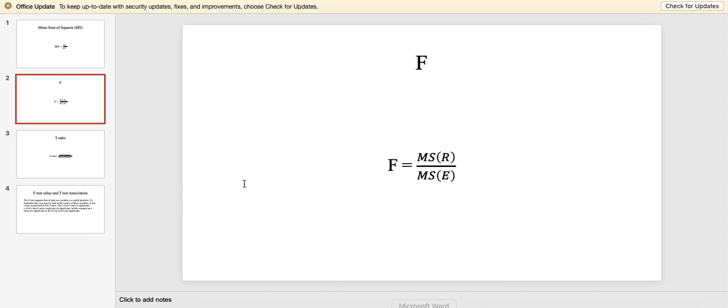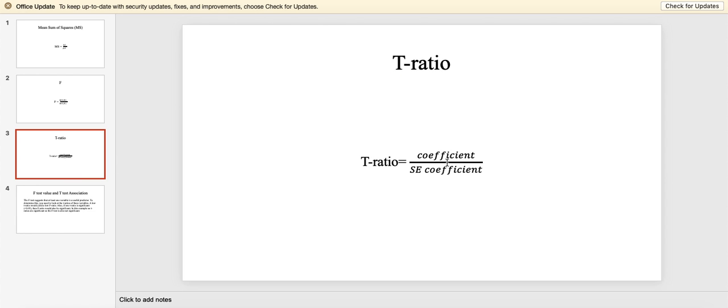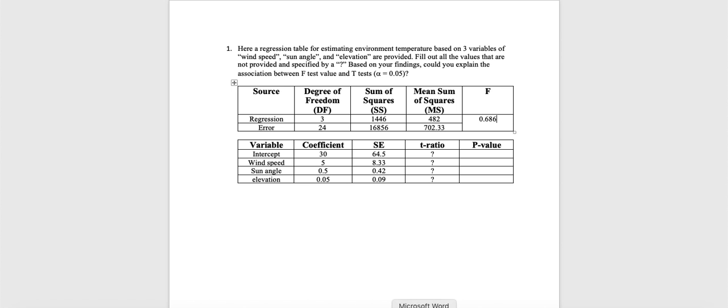And the formula for that is the coefficient that we're given divided by our standard error coefficient, which is also given. So our t ratio for our intercept is 30 divided by 64.5, and this gives us 0.465.